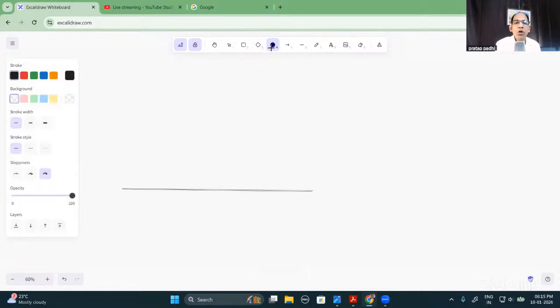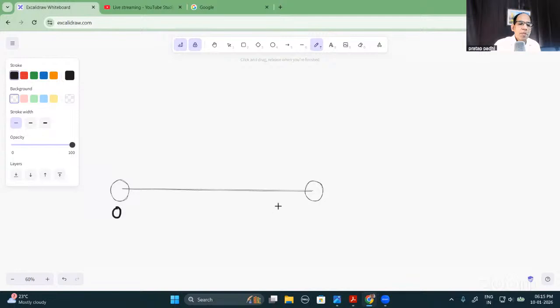Where to use what? Let me write here. And the second one here. I'll take randomly, suppose 2.5 years, 0, and here 2.5 years.